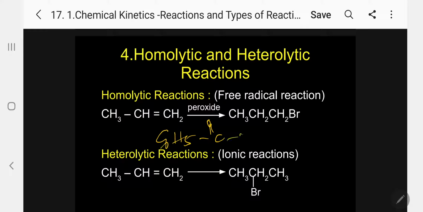Kindly follow. This is the normal reagent used as a catalyst. So when it is cleaved, what will happen? Equally, it will produce an OH radical. Kindly follow. That OH radical will be involved here to form the product.